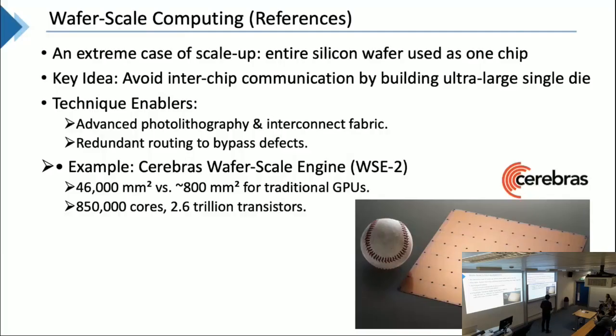The idea comes from this: if you are from an EE background, you know that when you do chip tape-out, or chip manufacturing, you have a term called yield rate, which is a metric reflecting how many defective chips you will have in one run if you tape out multiple chips on one wafer.